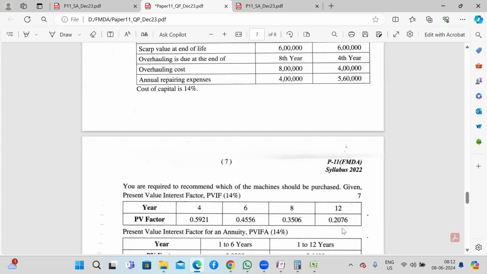Then we are having overhauling cost, that is 8 lakhs, which is due on the 8th year. So 8th year PV factor is 0.3506.